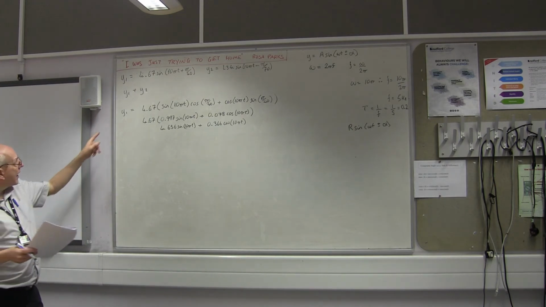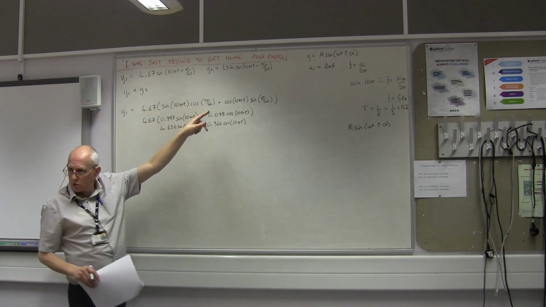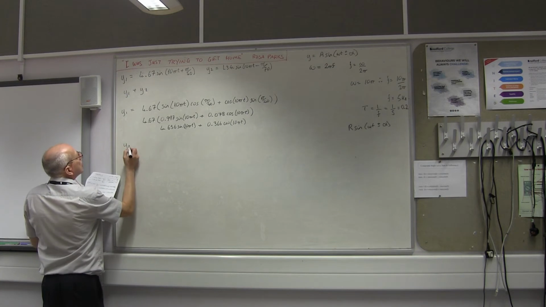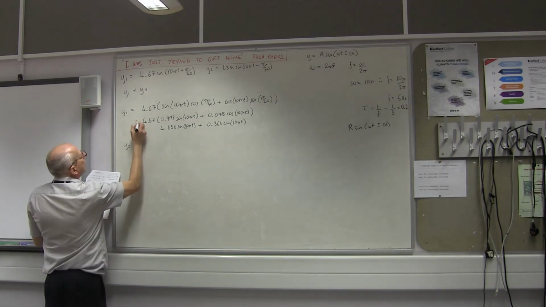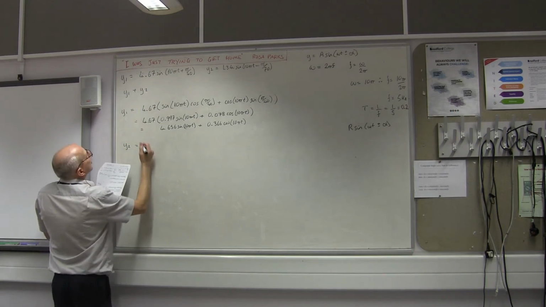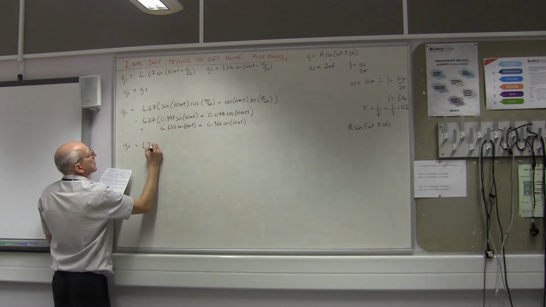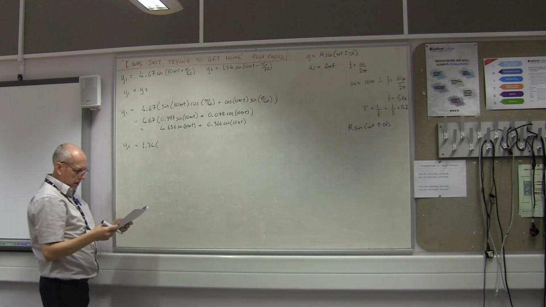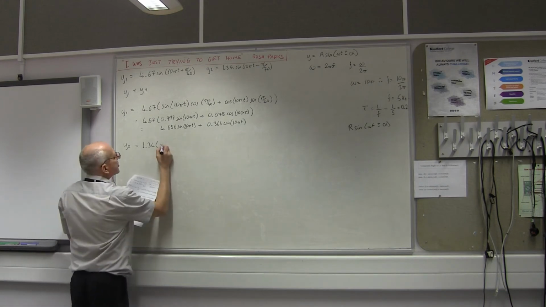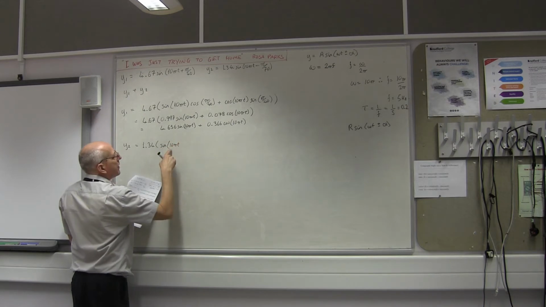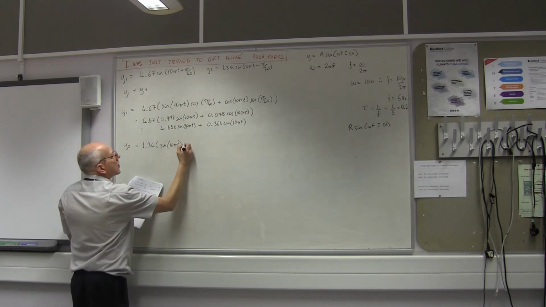I'm now going to expand the same way y2, so I'll do this a little bit quicker. So y2 is going to equal, expanding that out, I've got the 1.34 outside, and then if I expand it, I will get sine 10 pi t. This frequency is always the same.